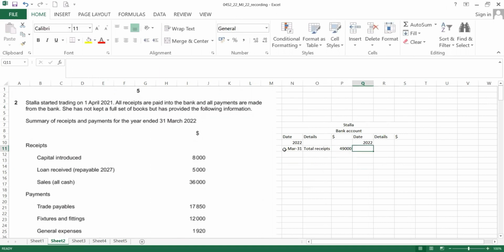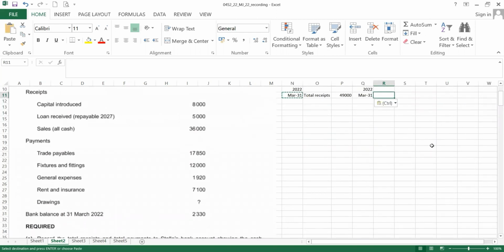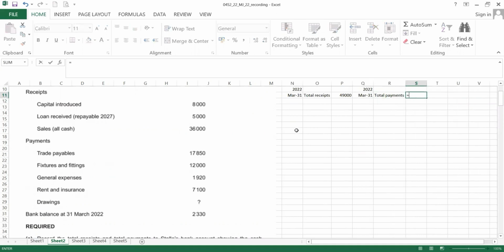And then on the credit side we have total payment. Total payment we got, let's see, 17,850 plus 1,200 plus 19 and then plus 7,001.